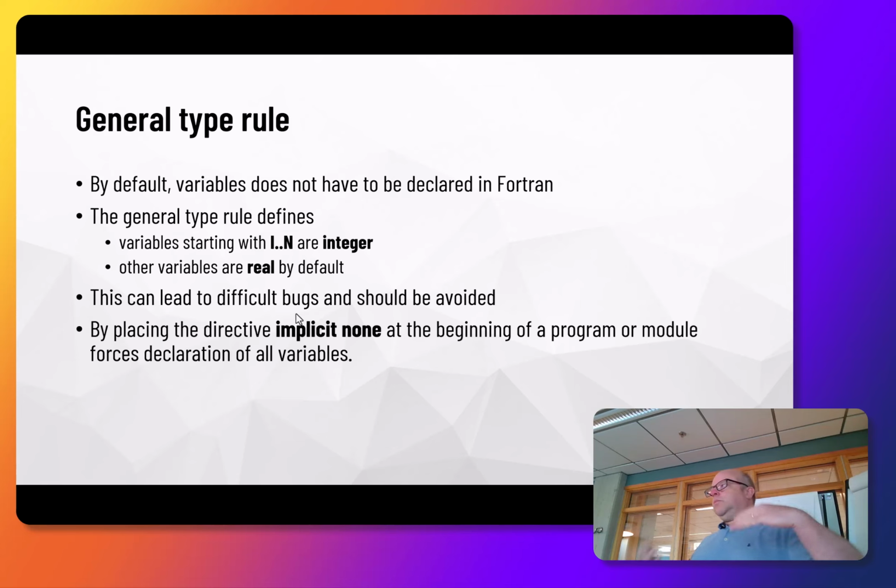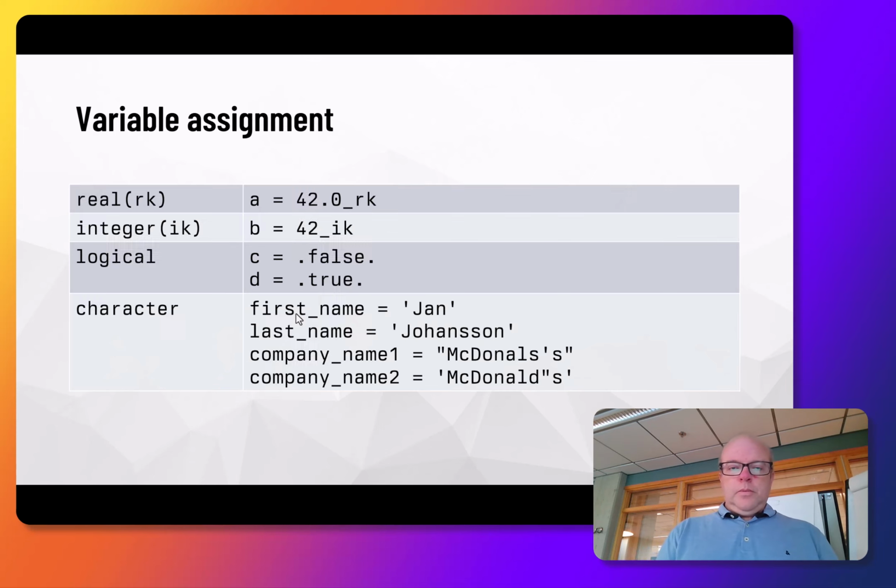There is a directive in Fortran that you should apply everywhere, implicit none. That will force the compiler to check that every variable is declared. Otherwise, if you mix and match, declaring some variables while others use the implicit type rule, it's not good.